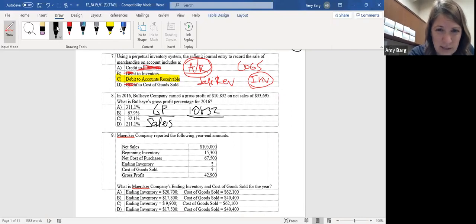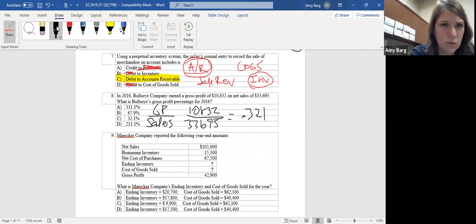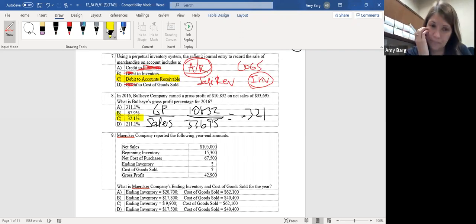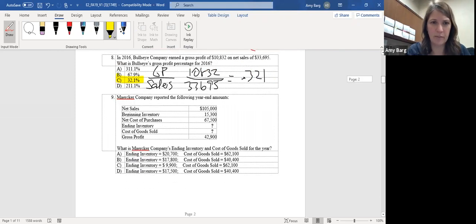It tells you what sales is, 33,695. And if you do the division, you get 0.321, which is 32.1%. That's just something you're going to have to memorize.